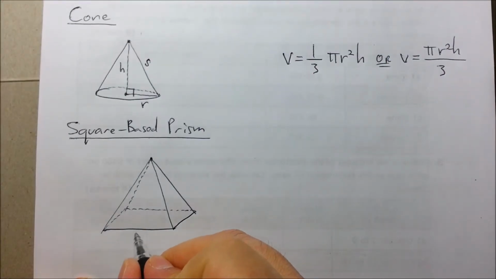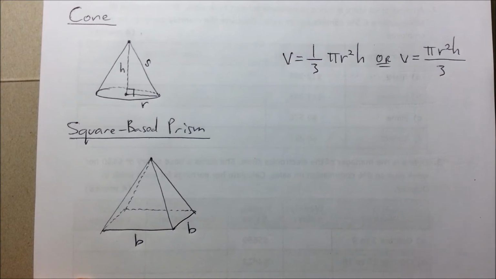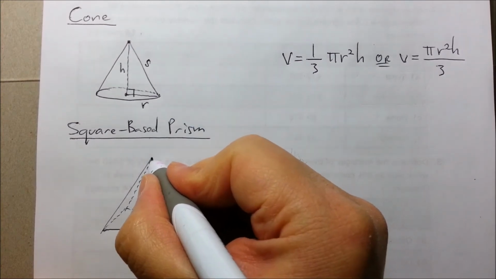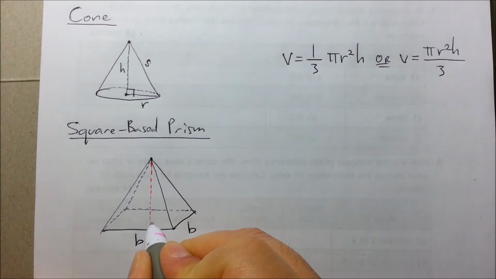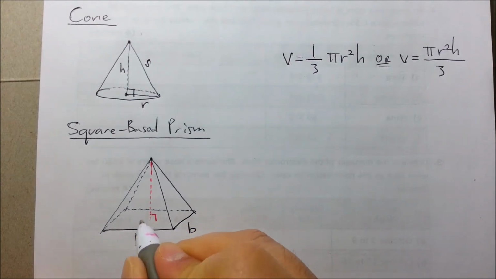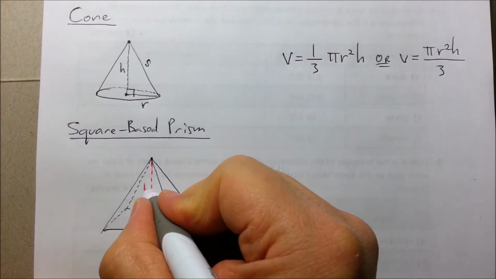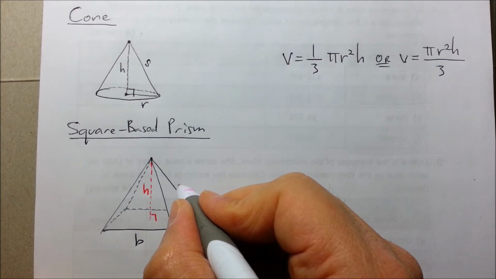We have this side length equal to B, this one's equal to B, and then we also have a height, which I'm going to do in a different color, from there, just so that it is more visible and not as confusing. That's going to be our height, and S will be our slant height.